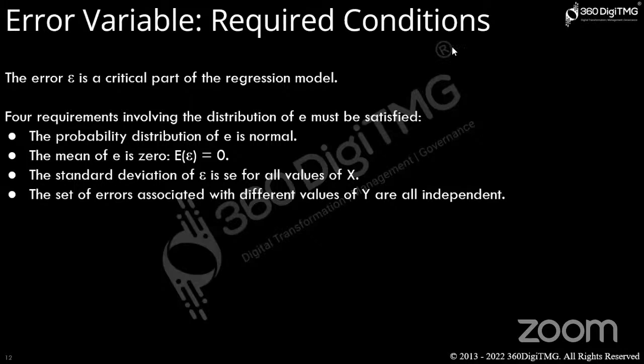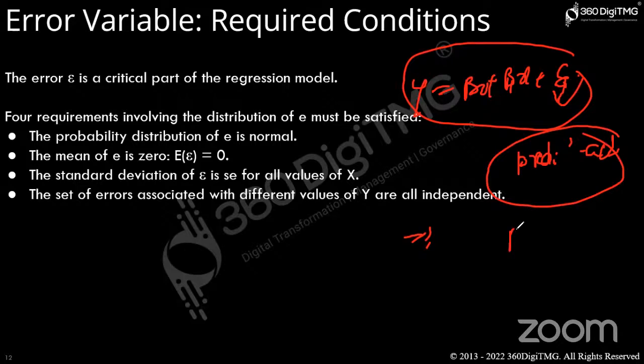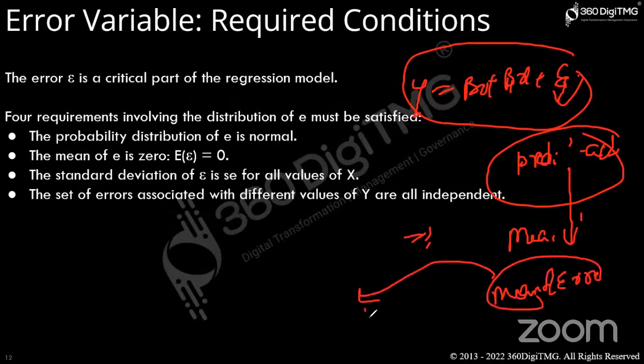So error term you have seen, right? Y is equal to beta naught plus beta 1 x plus the error term. Whenever you are calculating the error term of predicted and actual values, the mean of these errors is always equal to 0.